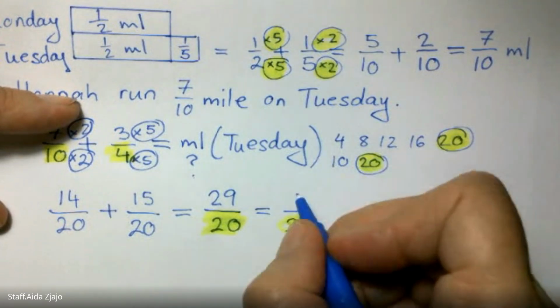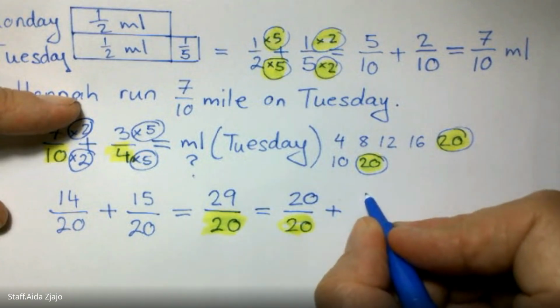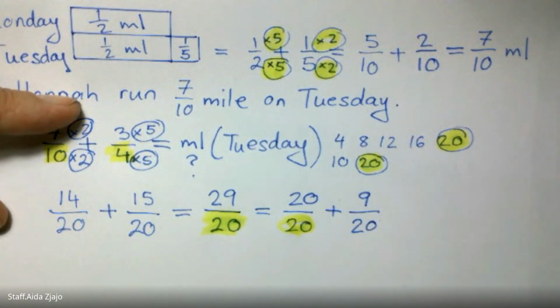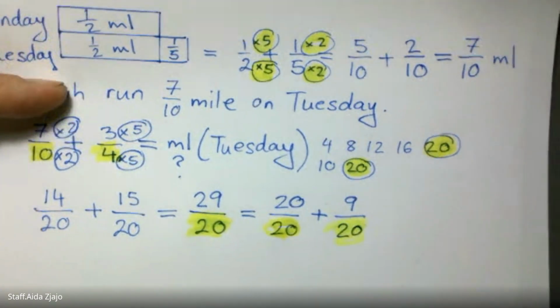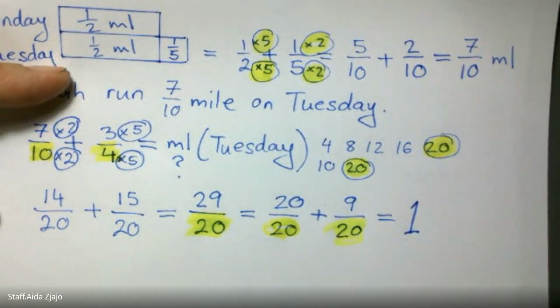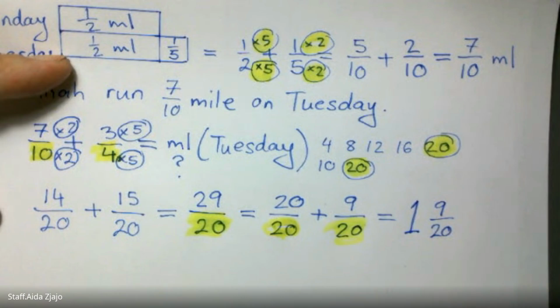If I take 20, I will have a whole plus 9/20 left over. So the girls ran 1 whole mile and 9/20 of the next mile.